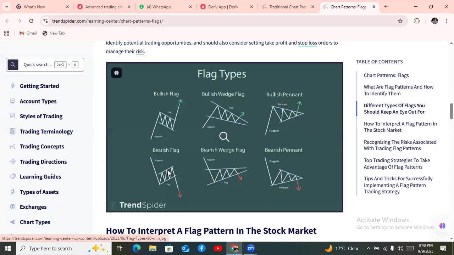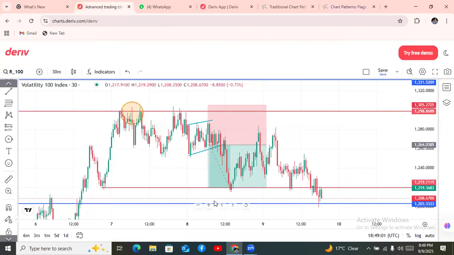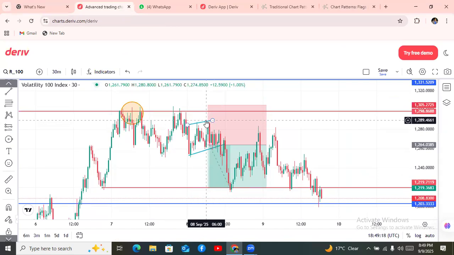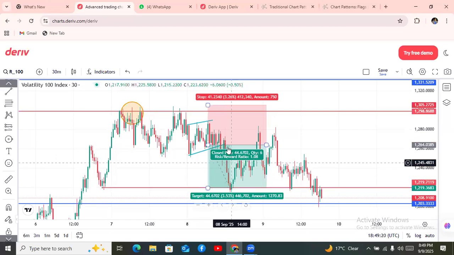That is why, again, it is pointing downwards. So that is why there you would have been able to have a 1-to-1 ratio, your stop loss equal to your take profit, and just benefit from that trade again.